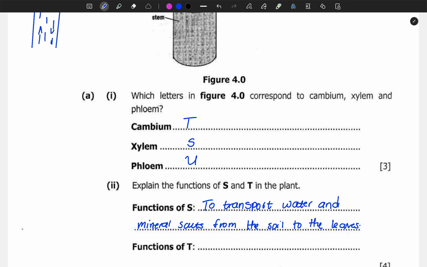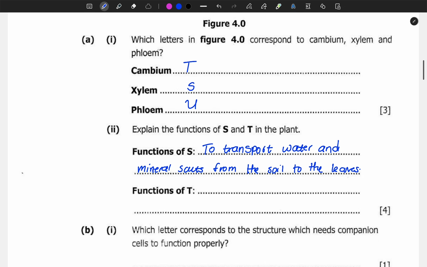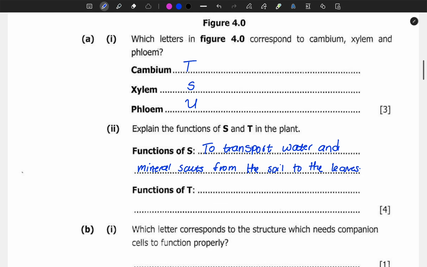Then functions of T. T is a cambium. So we can say it plays a role in secondary growth. So we have primary growth and secondary growth.